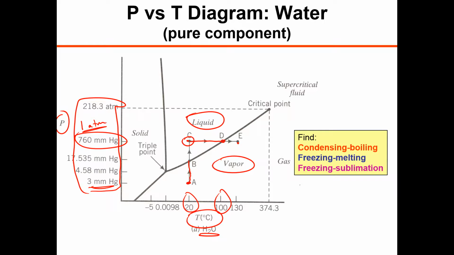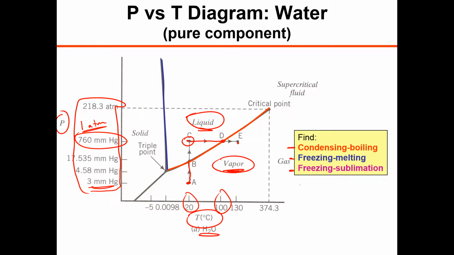So what we want to find is where the condensing to boiling line is, where the freezing to melting, or the freezing to sublimation is. So there is the condensing boiling line. If we go across that, we go from a vapor to a liquid, or liquid to a vapor.